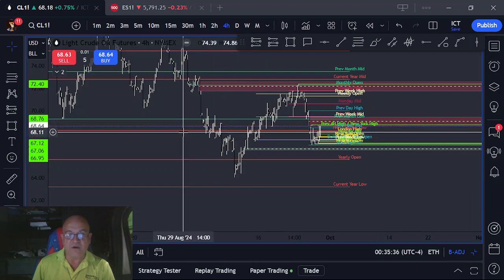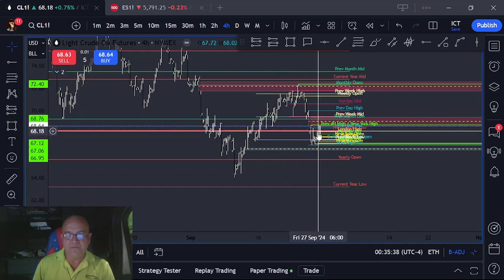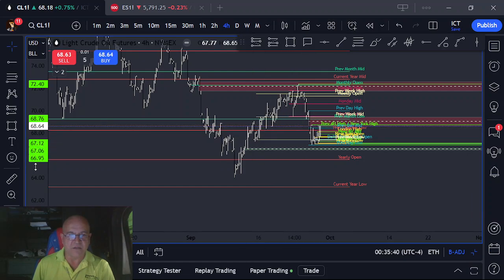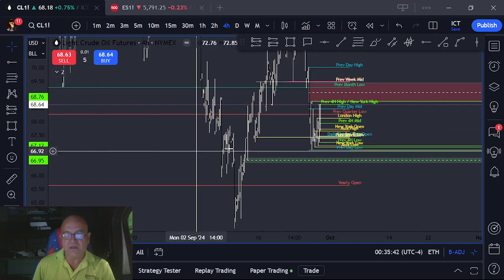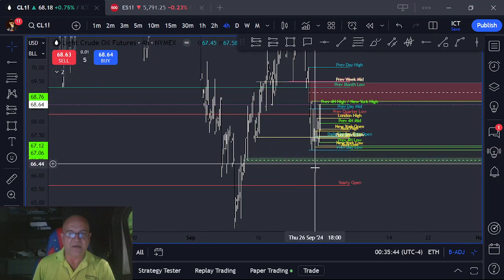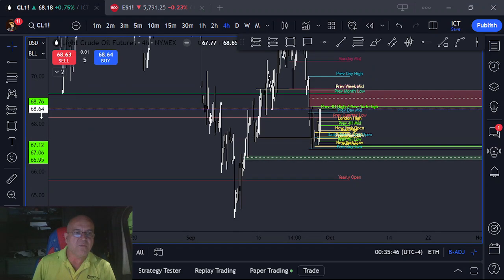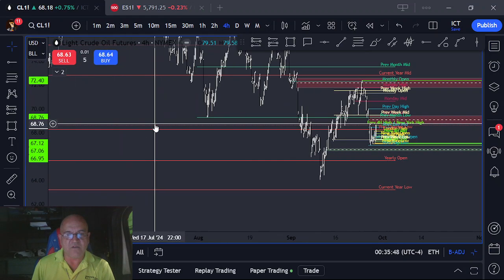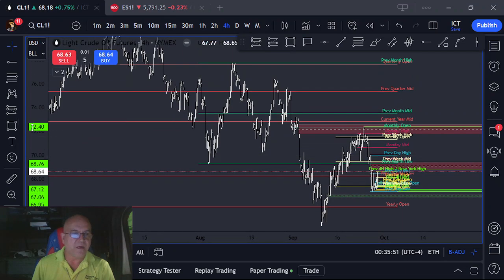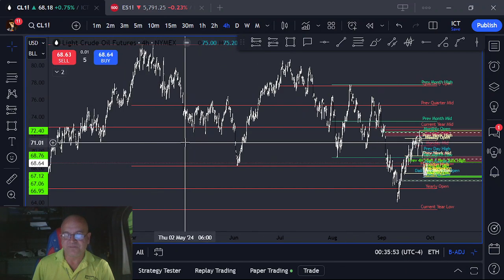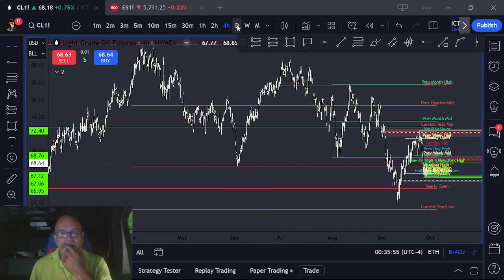I could very well be wrong here, but it just looks too good to come back down here right now. We'll see what, again, the overnight sessions bring us on Sunday into Monday. And that's crude oil.